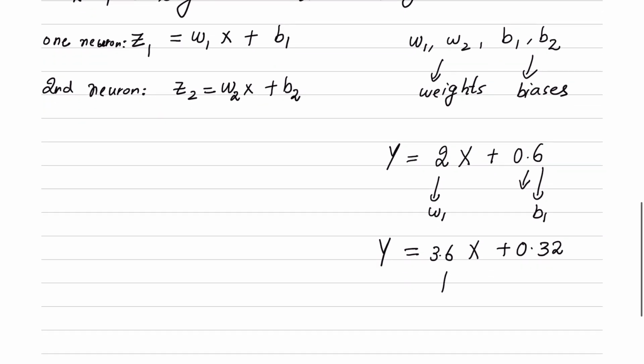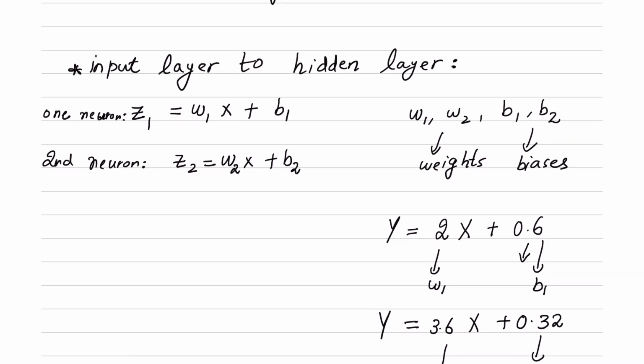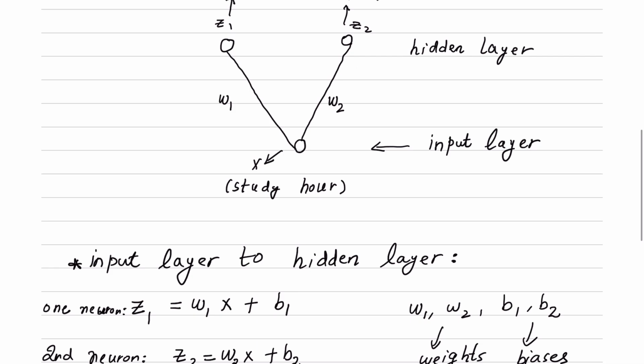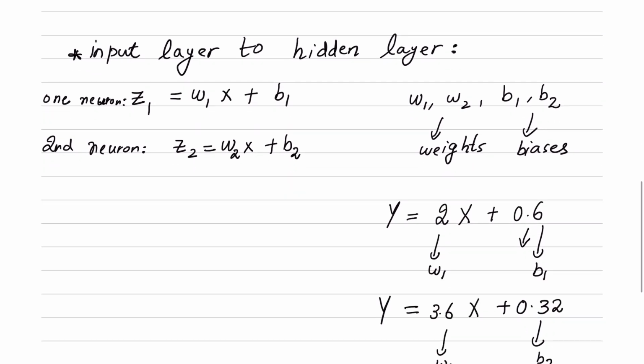So here it would be W2 and this would be another bias, which is B2. So when neural network learning is being conducted, in this part from the input layer to the hidden layer, basically the values of the weights and the biases are being determined.